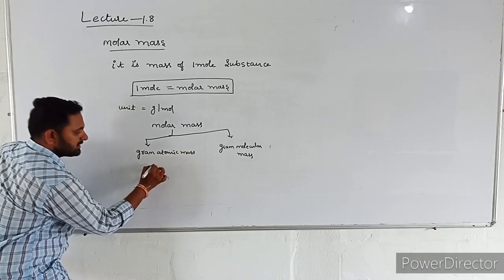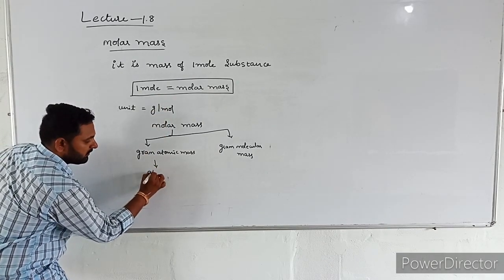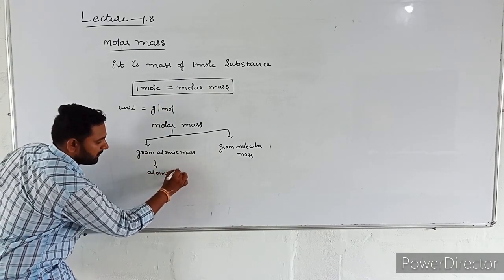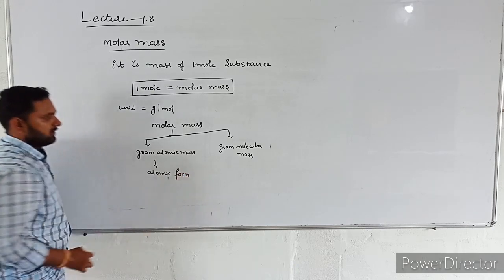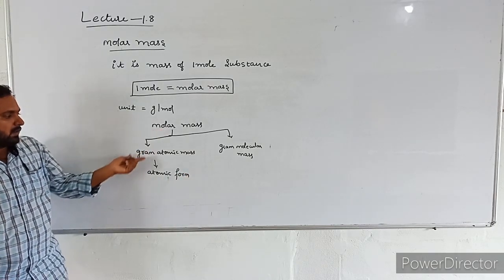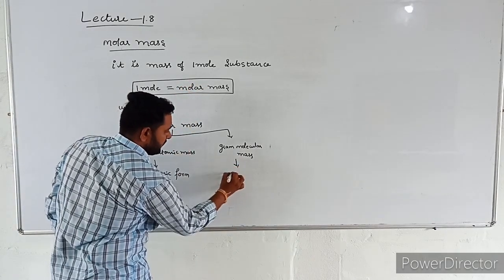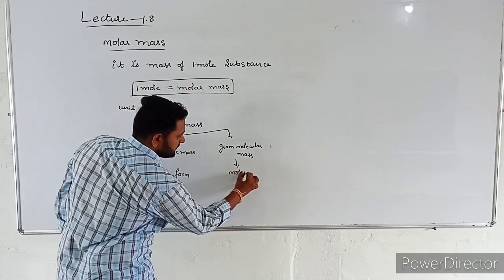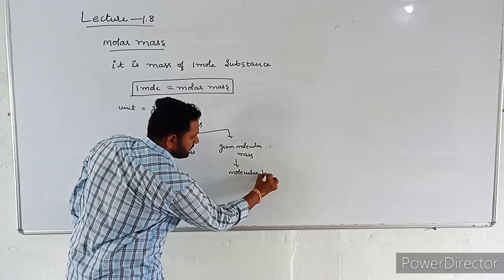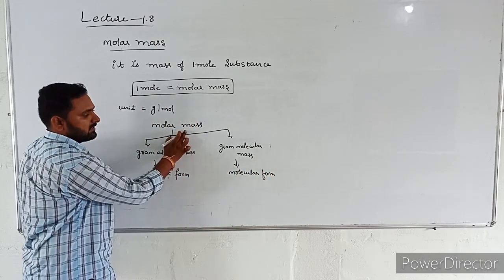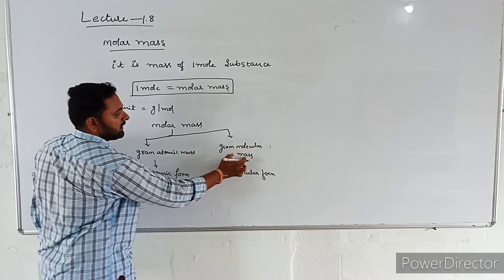If the substance is in atomic form, then molar mass is also called gram atomic mass. If the substance is in molecular form, then molar mass is also called gram molecular mass.